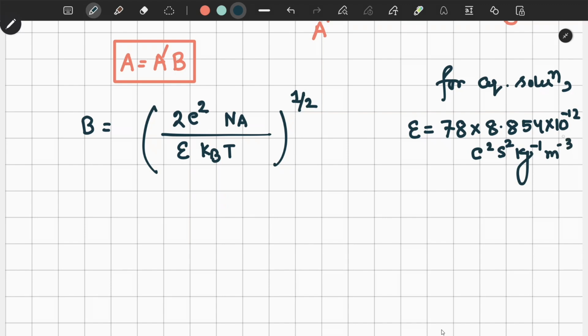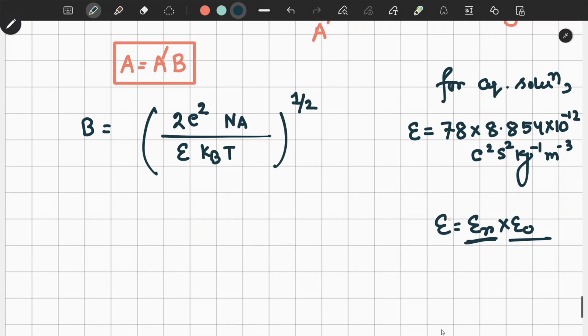I think it's for free space, and this 78 is for liquid. That's why epsilon r is relative. That is for free space, and epsilon r will change. So for water, epsilon r is 78.